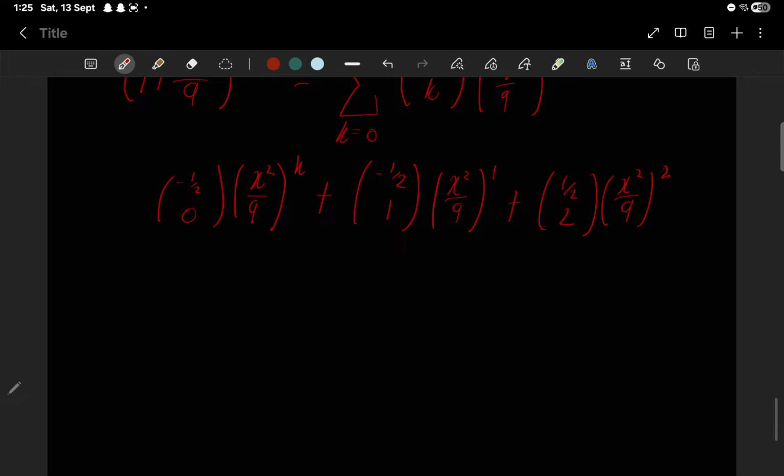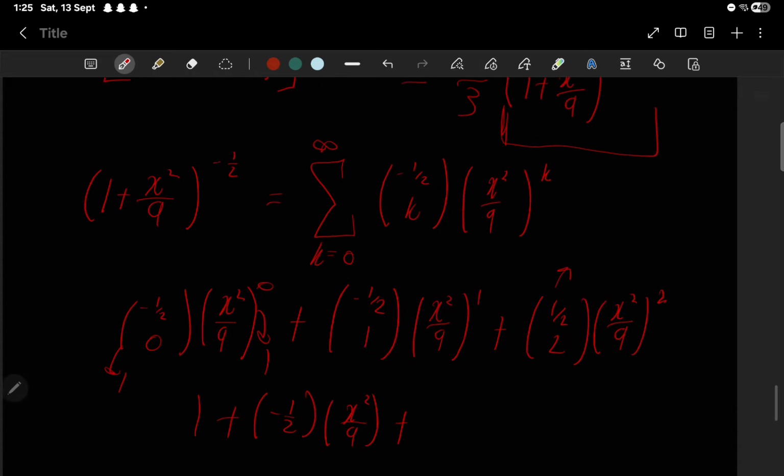Now, why did I write this? That is going to be to the power of 0, so this is all going to equal 1. Because remember, any number choose 0 is going to be 1, and any number raised to the power of 0 is going to be 1. So it's going to be 1 plus... Now, any number choose 1 is going to be the number itself. So negative 1 over 2 multiplied by x squared over 9 plus negative 1 over 2 choose 2.